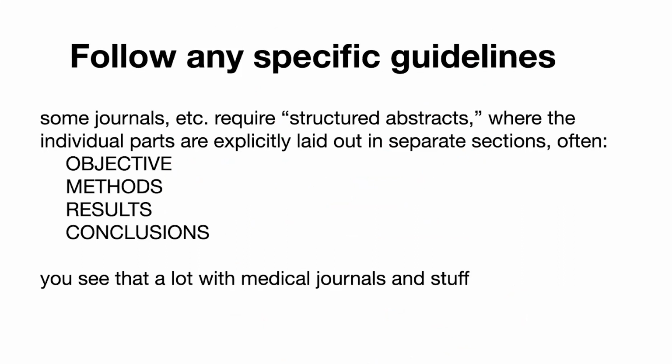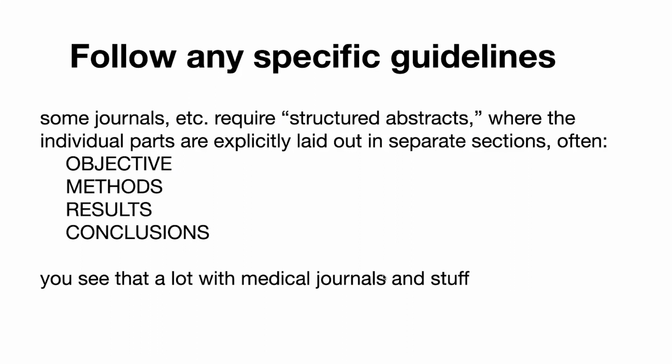So before we get too into advice, I also want to mention that some journals and conferences are going to have very specific guidelines. There's this thing called a structured abstract, where the individual parts are explicitly laid out in separate sections, such as objective, methods, results, and conclusions.